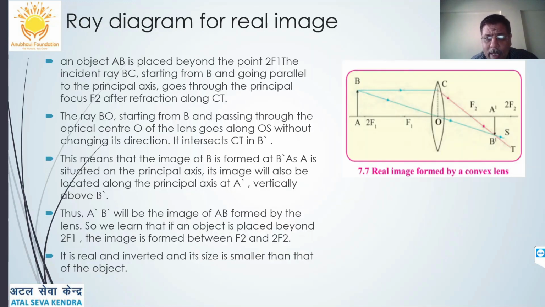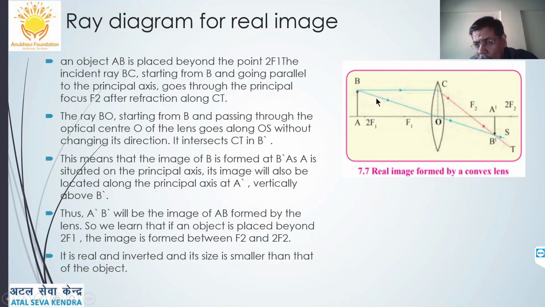Now for a ray diagram, for a real image, suppose an object AB is placed beyond the point 2F. We will take two rays rather. One is the incident ray BC starting from B and going parallel to the principal axis, and the other is passing through the optical center.